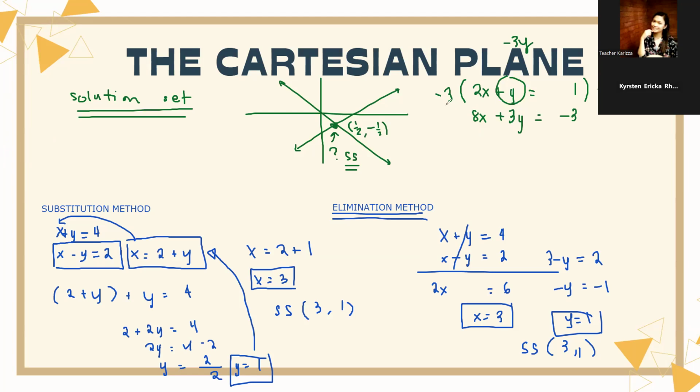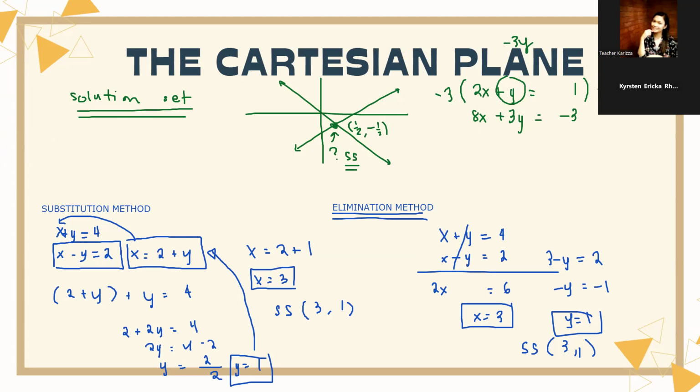So, this will give me negative 6x minus 3y is equal to negative 3. I have to multiply both sides para equal pa rin siya.